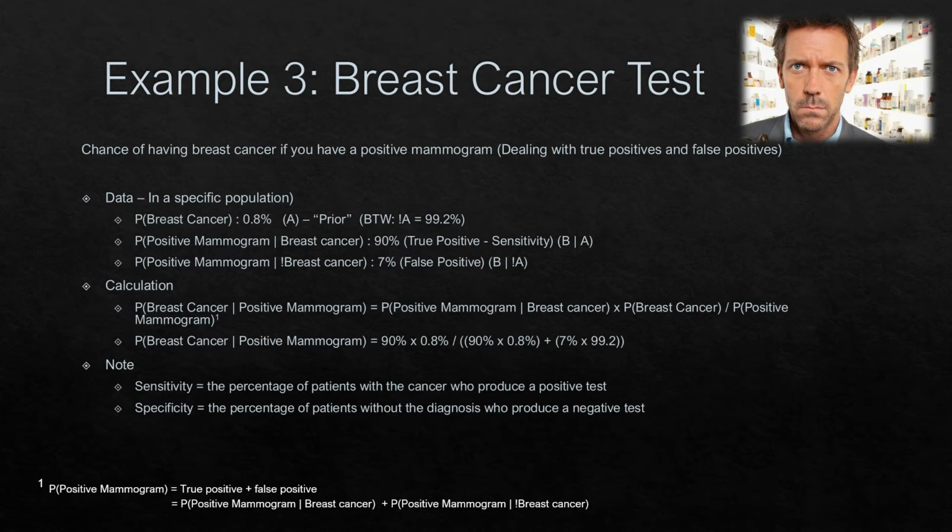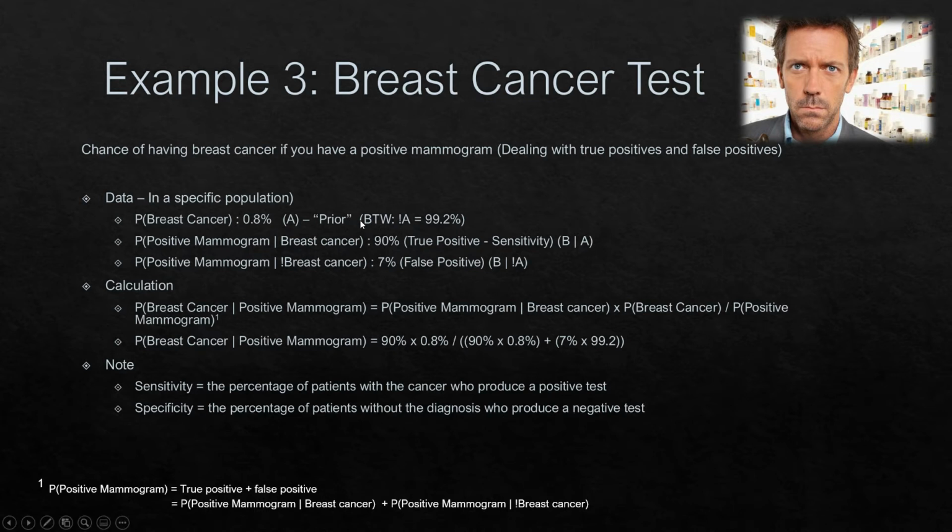So again, the first part of this is probability A in Bayes' theorem, or the probability that the patient has breast cancer. And in the general population, that's relatively low, 0.8%, so less than 1 in 100 people have breast cancer.